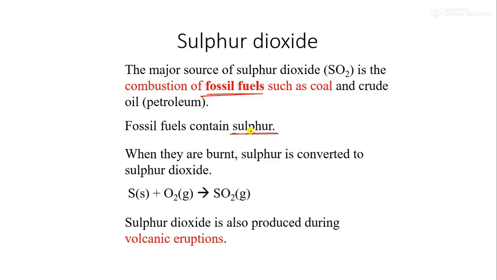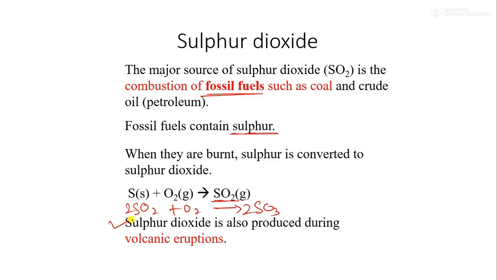Therefore most of the fossil fuel is used directly without purification. When fossil fuels containing impurities of sulfur are burned in the presence of oxygen, they produce sulfur dioxide, and if sulfur dioxide is oxidized in the presence of oxygen, it produces sulfur trioxide. Both are toxic gases.